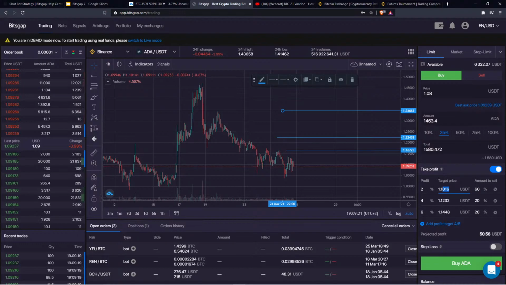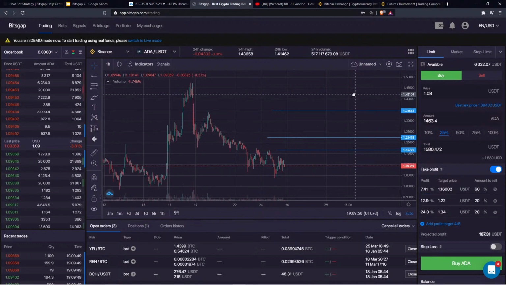So you see I have my first one at 116, the next one at 122, and the third one at 134. So here you go, the system automatically calculates the profit in percentage. The first target hit is 7.41% of growth. Then the next target is 12% of growth, and then 24%.